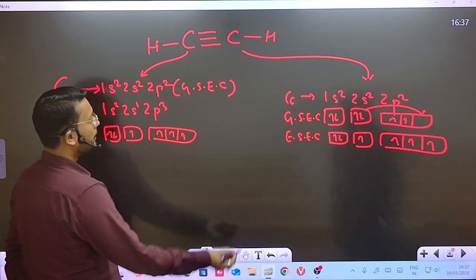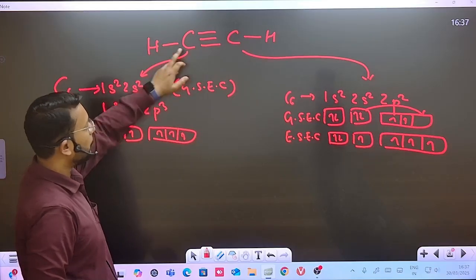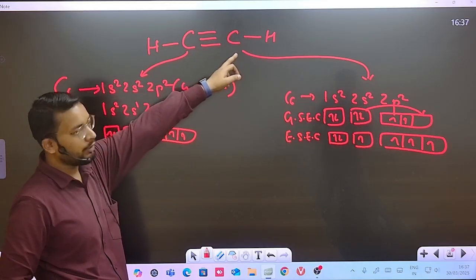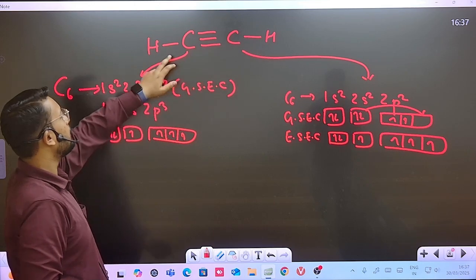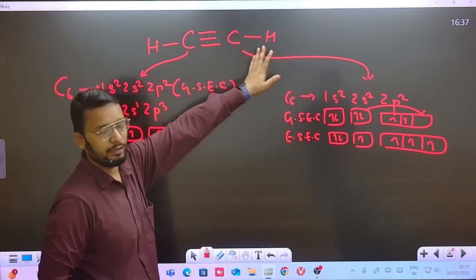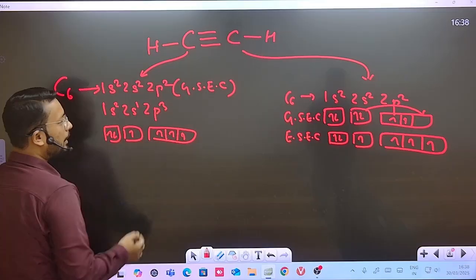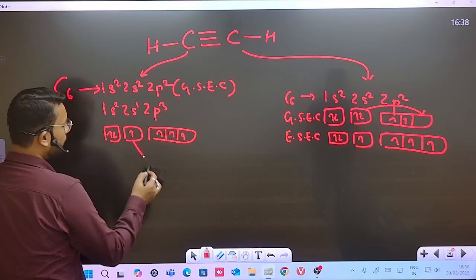Now, how many bonds is this carbon making? This carbon is making one bond with this carbon and the other with one hydrogen. Same way, this carbon is also making one bond with carbon and the other with hydrogen. So the orbitals taking part in this hybridization would be 2.